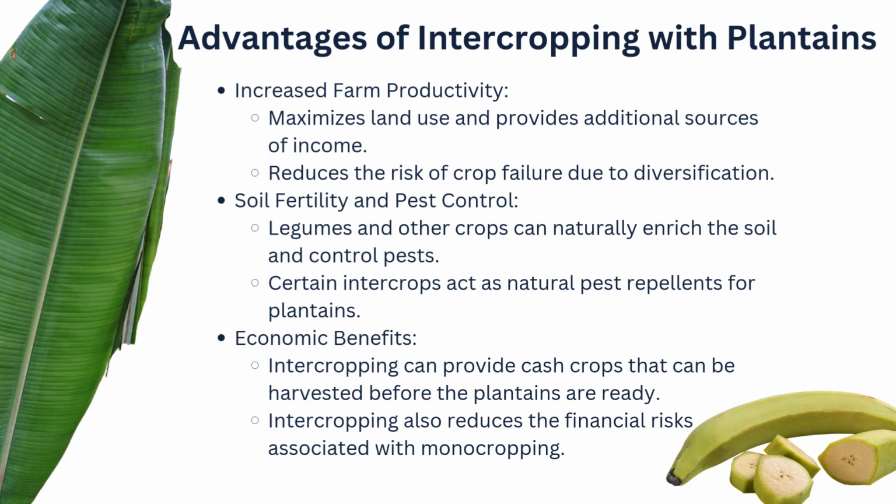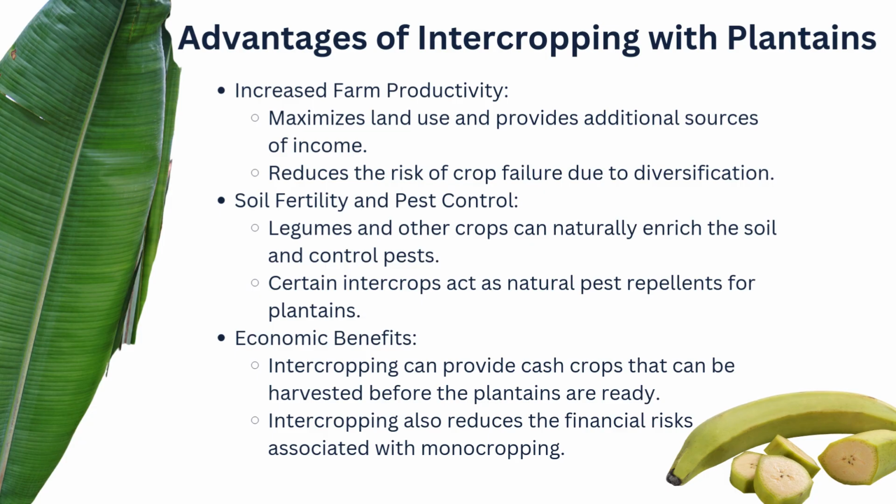What are the advantages of that intercropping? It is so that you can increase your farm productivity and maximize your land use. Don't forget that we are keeping enough spaces between them. But in those small spaces, if veggies are there, they can grow maximally, right, without us losing the fact that we have kept enough space for our plantain to thrive. And the kind of nutrients that the vegetables are looking for will not exactly fight with the ones that plantain is seeking.